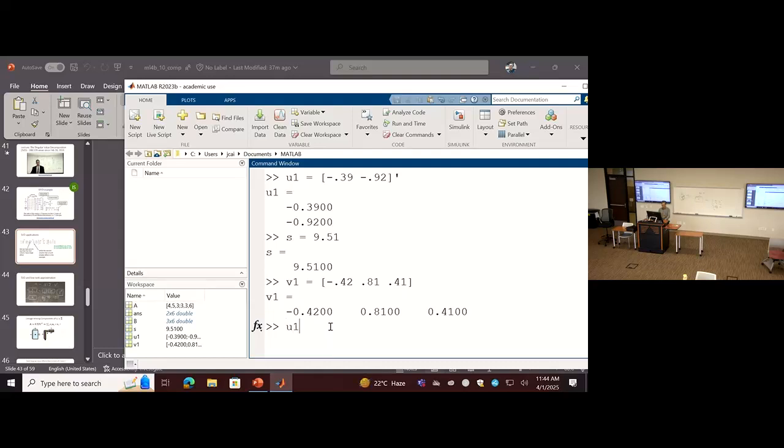Let's see, I can use U1 times S, so this will give me 1, 2, and so I need to transpose one of these. V1, I think, transpose this.